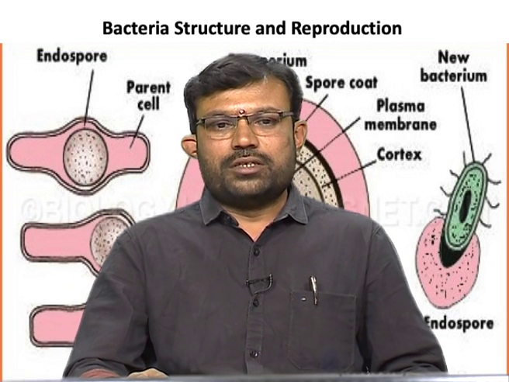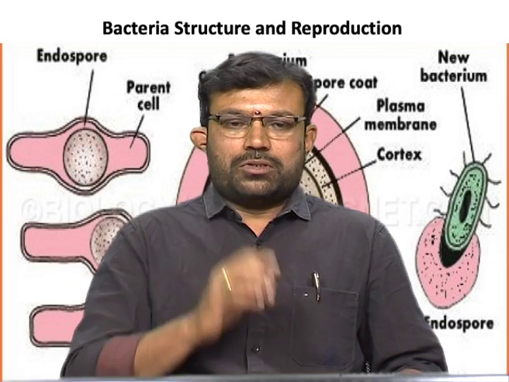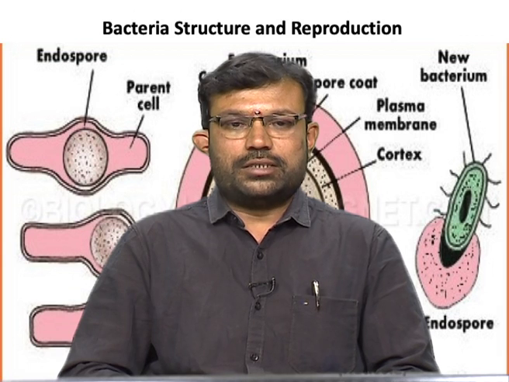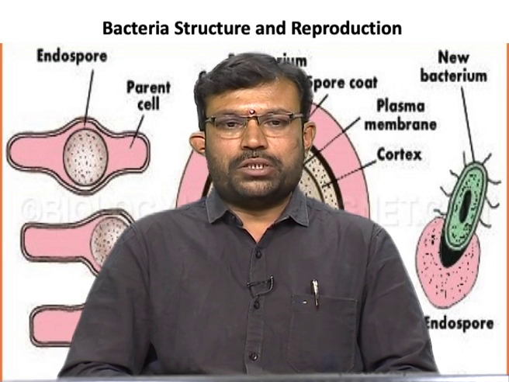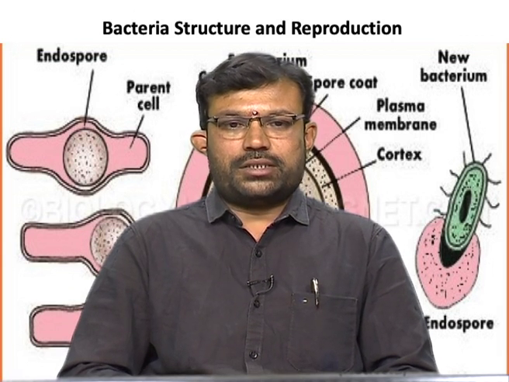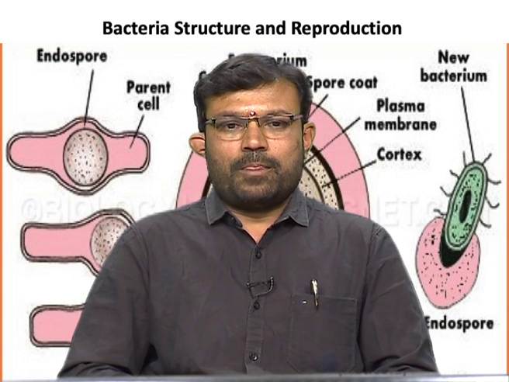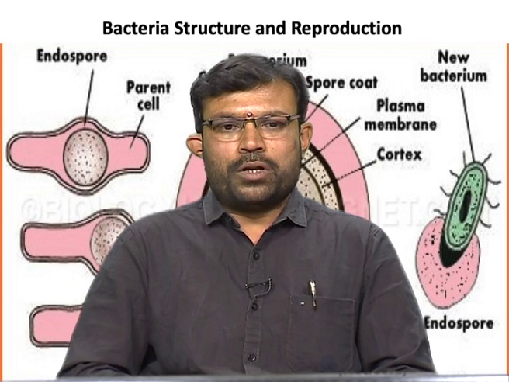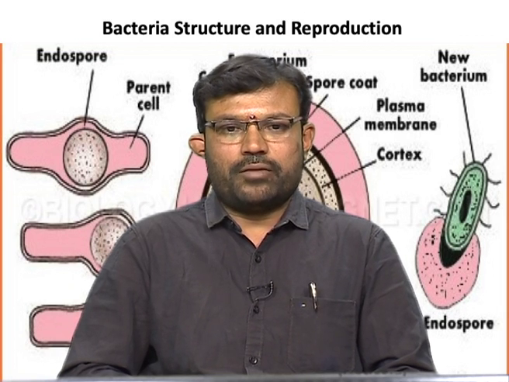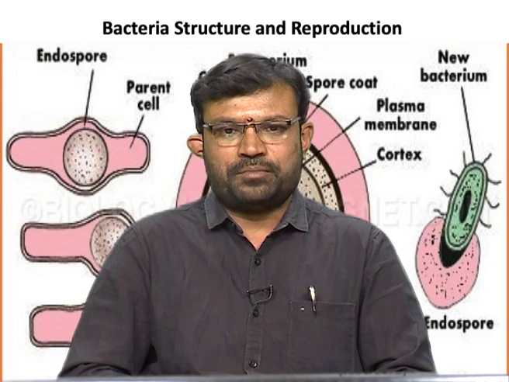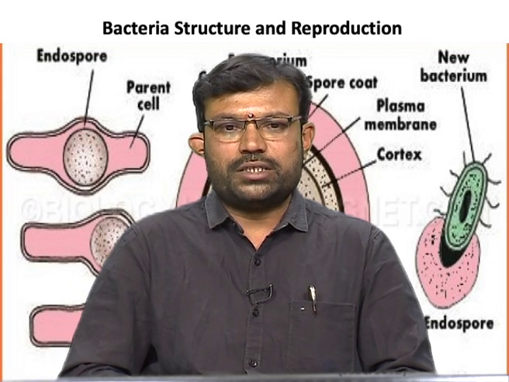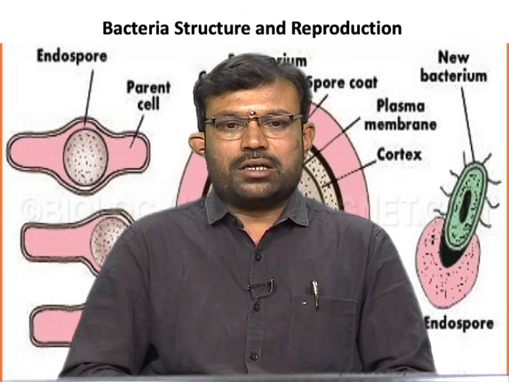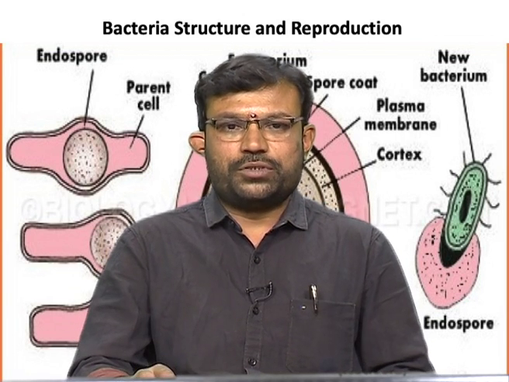Now, at the center of the cell, the mesosomes present on the cell membrane increase centripetally, dividing the protoplasm equally between two daughter cells. After the distribution of protoplasm, the cell wall divides and separates the two daughter cells. So, this is binary fission.